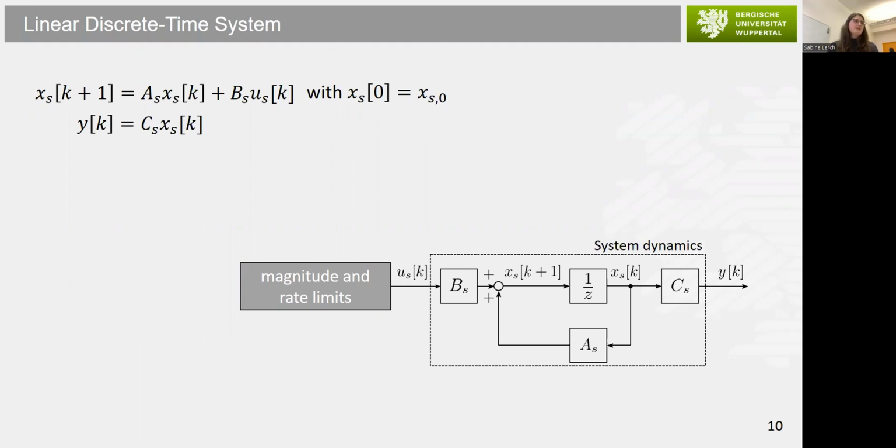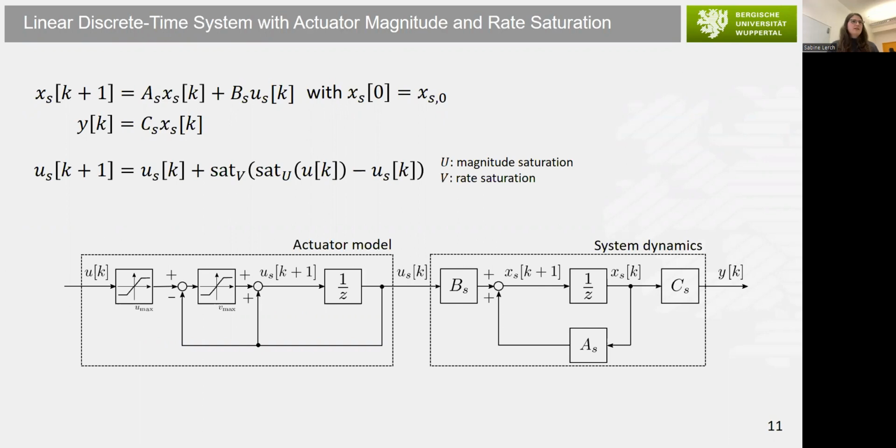There are different approaches to model this twofold saturation, but it can be shown that this model is the most accurate in the literature, and it consists of a nested saturation function, whereby V is the rate saturation and U is the magnitude saturation, and this is the block diagram. Now we want to have a model of this whole plant. So we combine them in an augmented system.